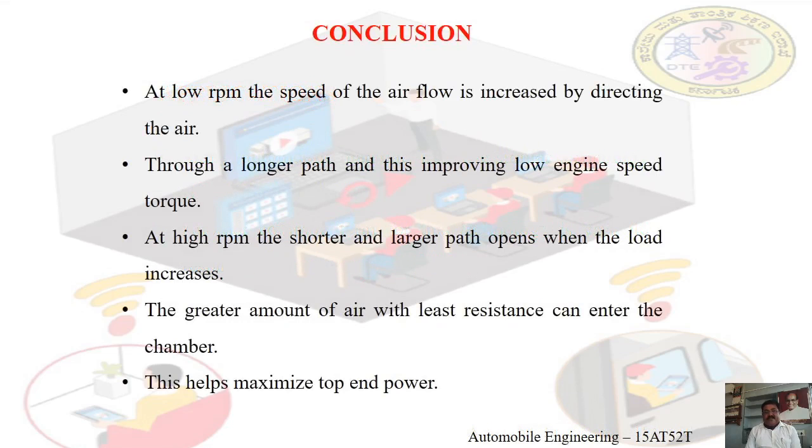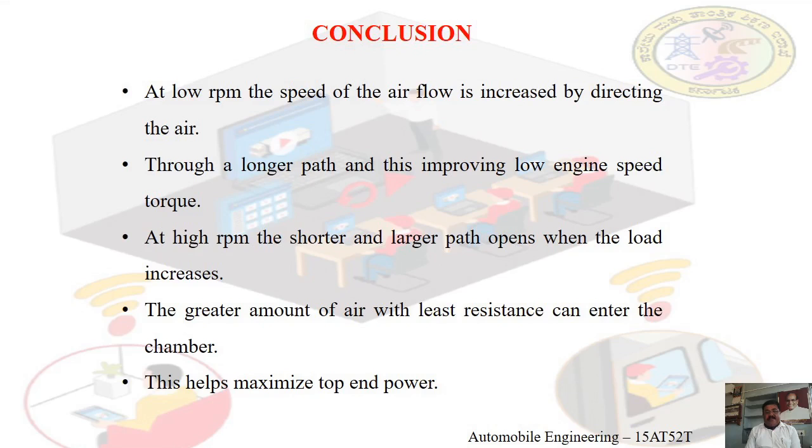So next, conclusion. At lower RPM, the speed of airflow is increased by directing the air through a longer path, and this improves low engine speed torque.